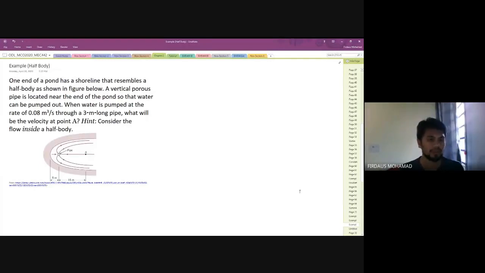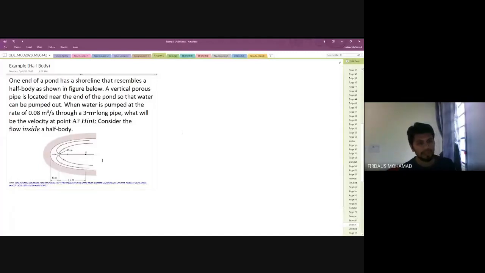For the half body, basically it is a combination between uniform flow and source. When you have a uniform flow and source, you will come out with this kind of flow field. So this is called a half body.